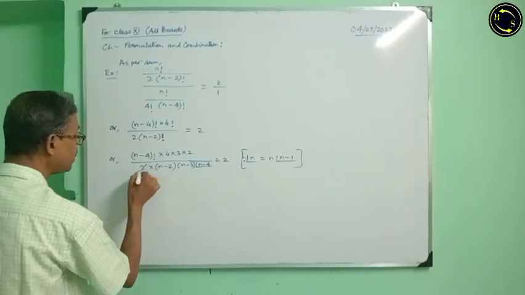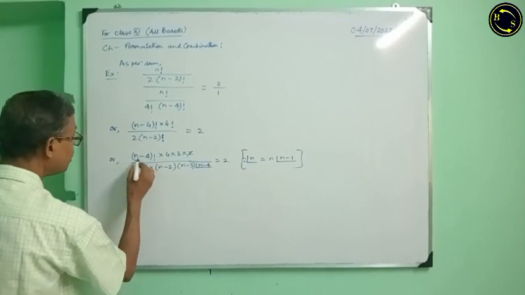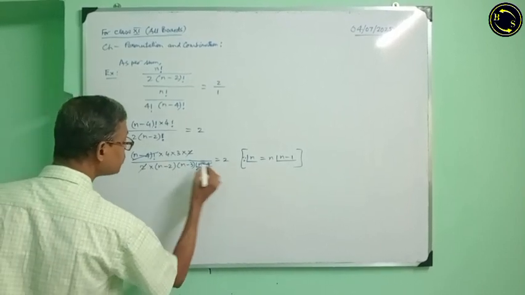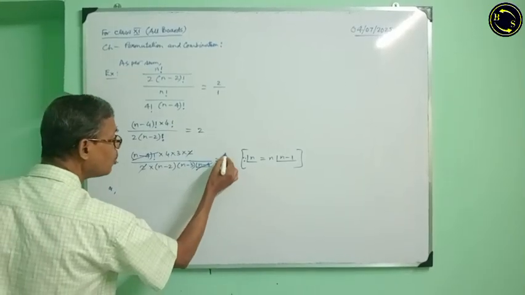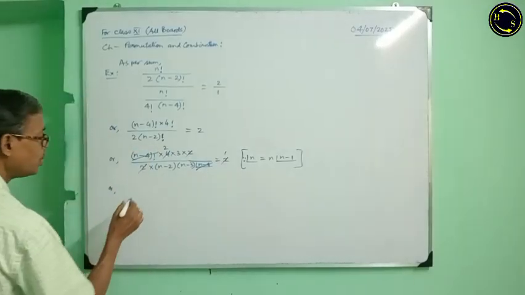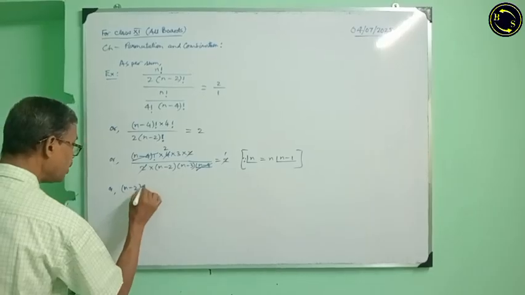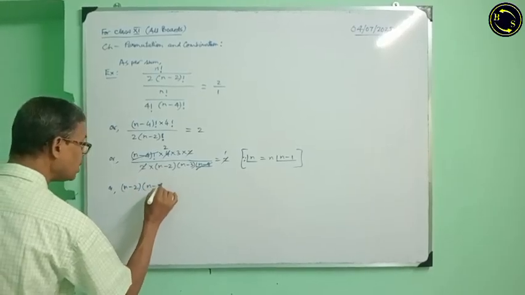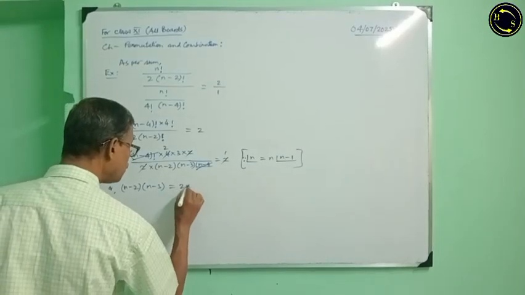Now we simplify. These two are cancelled, or also we can cancel these two. Therefore, n minus 2 into n minus 3 is equal to 2 into 3.